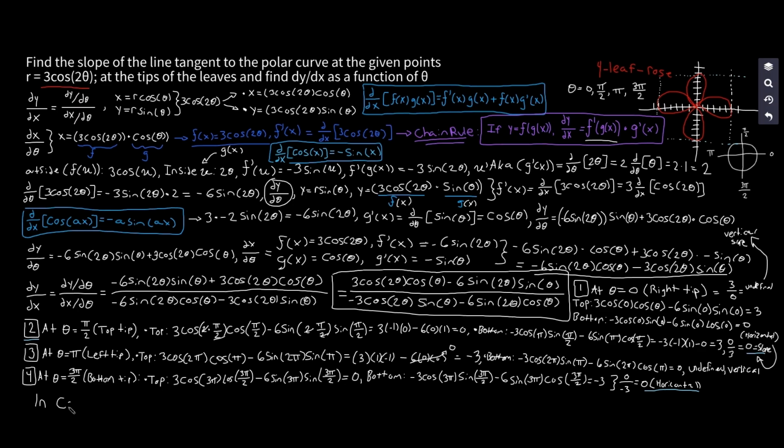In conclusion, the slope is undefined at the point 3 comma 0, and 3 comma pi.